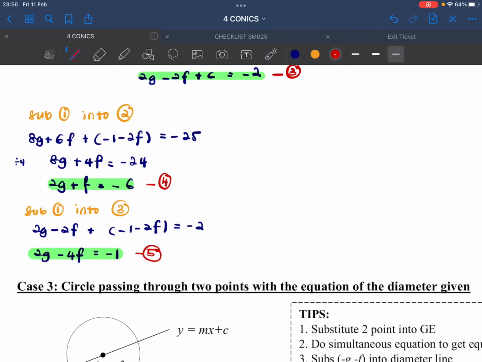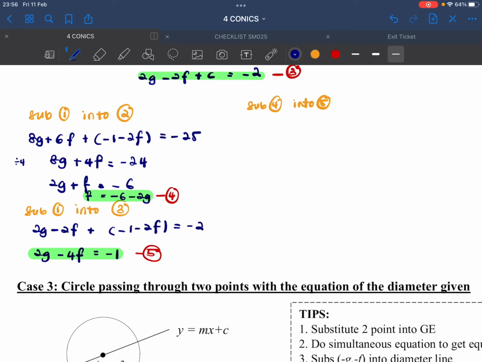So here we actually have f equals negative 6 minus 2g, which is the fourth equation. Alright, so we are going to substitute the fourth equation into the fifth equation. Substitute 4 into 5.